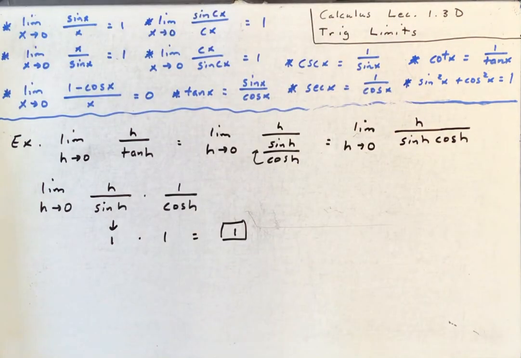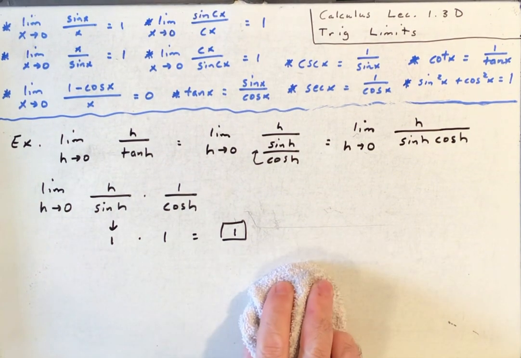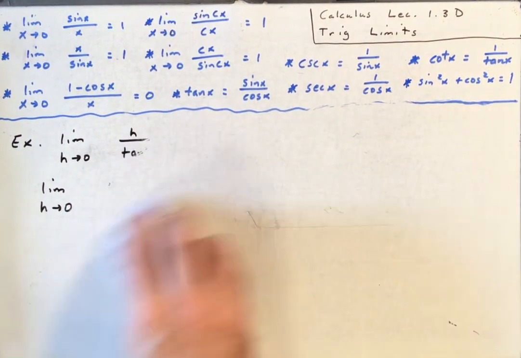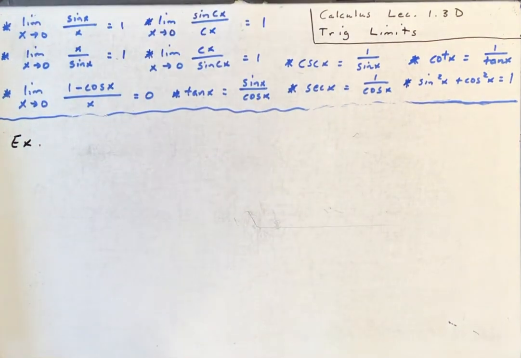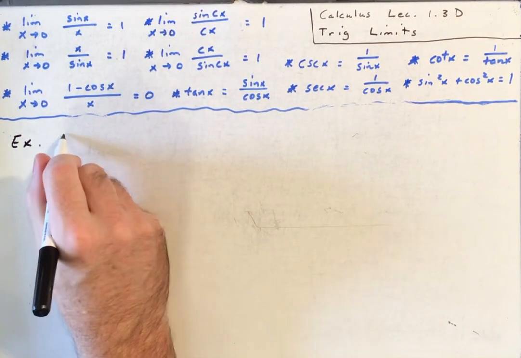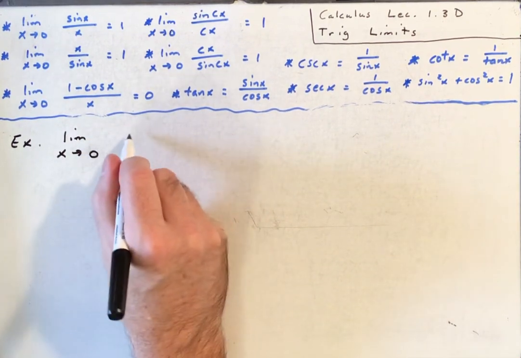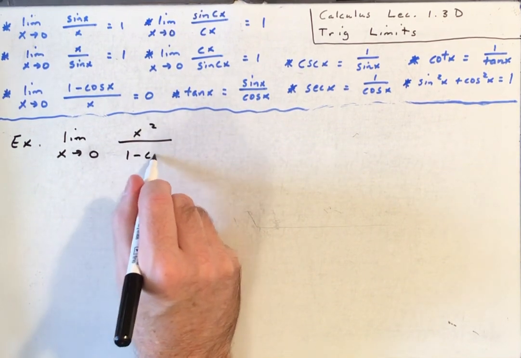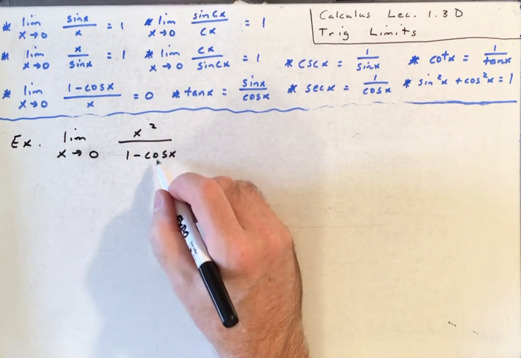Okay, the next one definitely I need a little room for, so I'm going to go ahead and erase this. So let's try the limit as x approaches 0 of x squared over 1 minus cosine x. Okay, that'd be 0 over 0 if you plug it in.